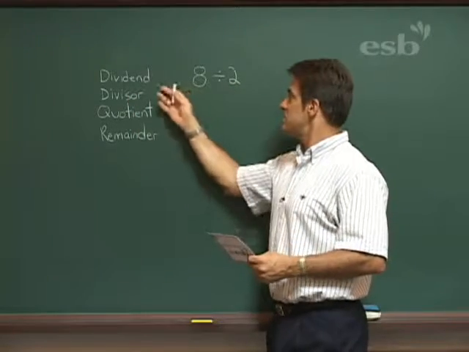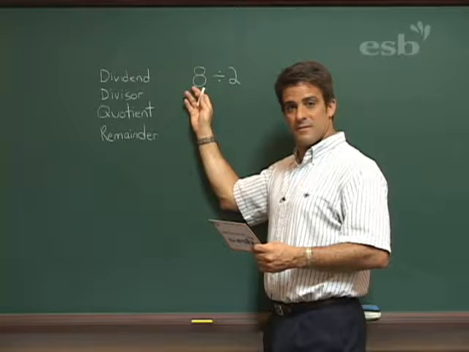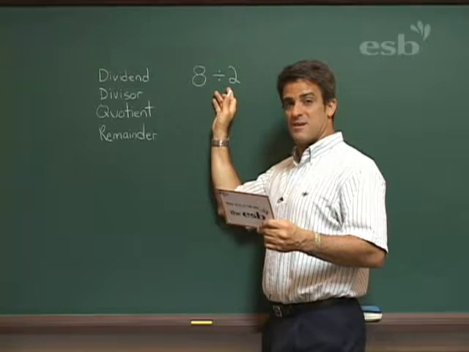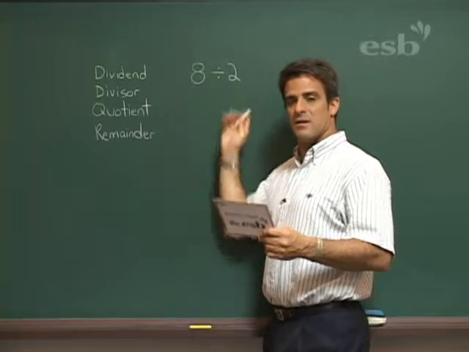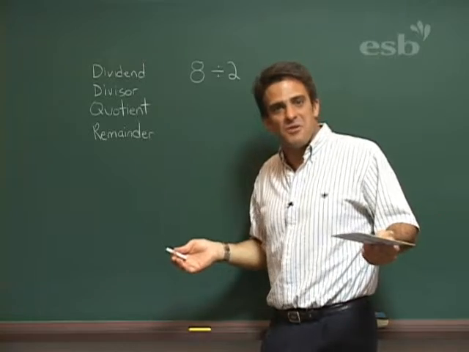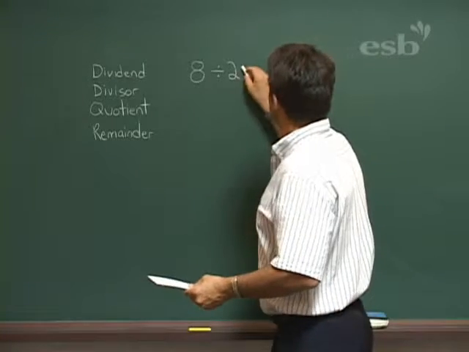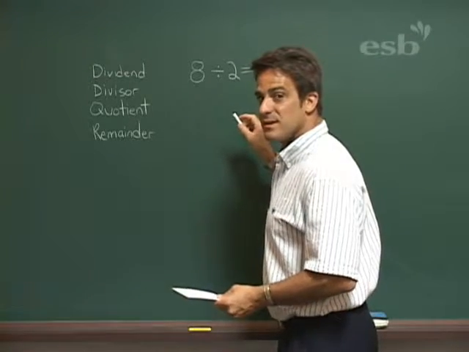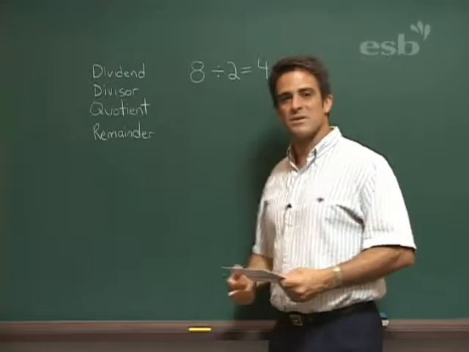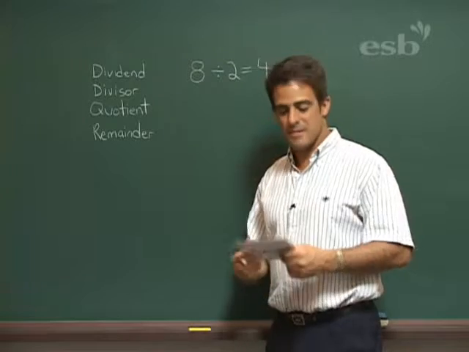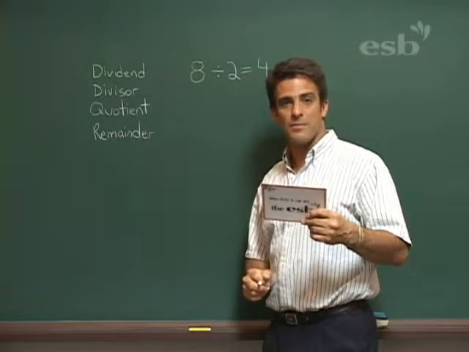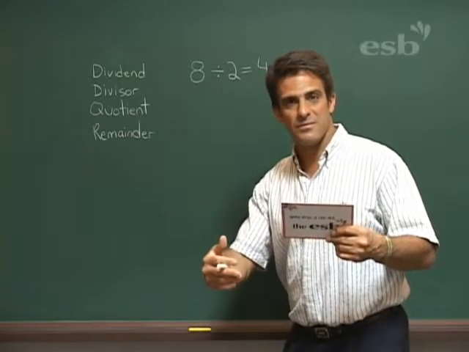The dividend is the number being divided. The divisor is the number doing the dividing. What's next? The answer, of course. What is the answer? Of course, it is 4. 8 divided by 2 equals 4. 4 is the answer.